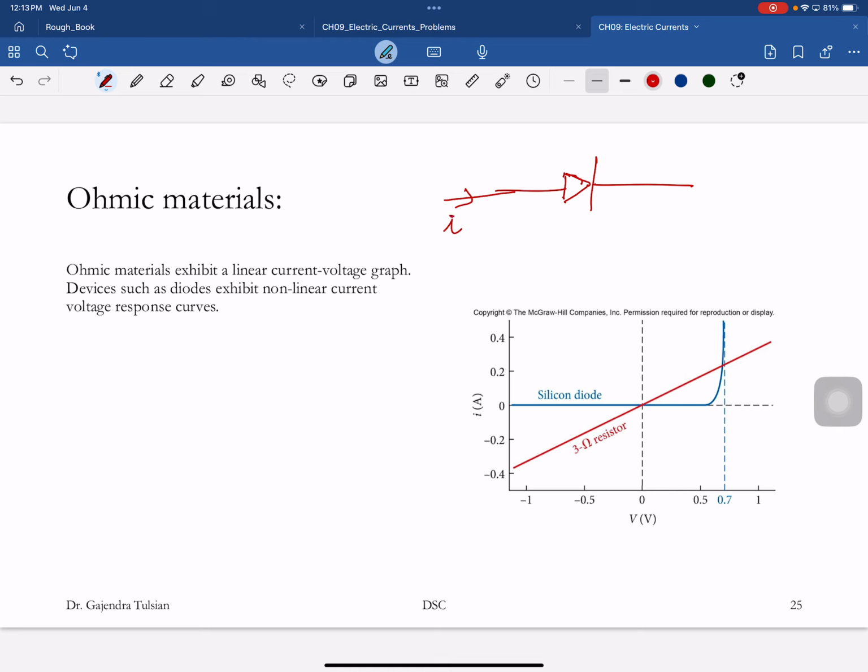We are plotting this current versus the voltage at this point. When the voltage at that point is minus 1 volts compared to that, the current is 0. And up to 0.5 volts, the current is essentially 0. And at 0.7 volts, when this becomes 0.7 volts and this is 0 volts, essentially this becomes an open gate and the current flows.